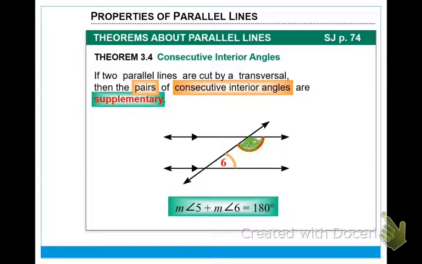So on yours, this would be 4 and 6, yes? 4 and 6. And then it would be 3 and 5. Yep. All right, so consecutive interior will add up to 180 degrees.